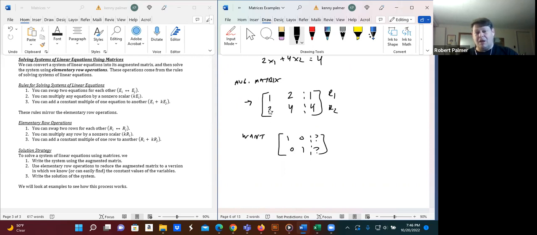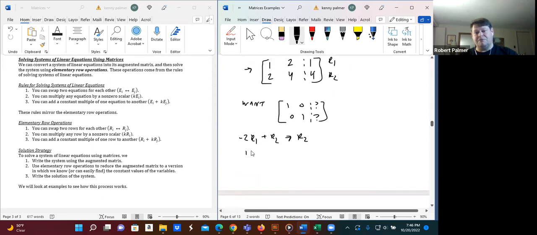That's good. I want this to be a 0. If you imagine this was a -2, and I added these together, that would make it 0. So we know how to do that. What I'm going to do is -2 R1 plus R2, and that will become my new row 2.